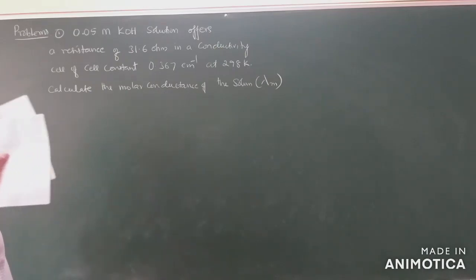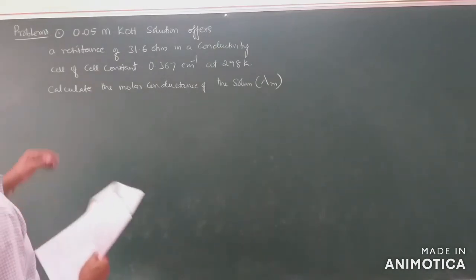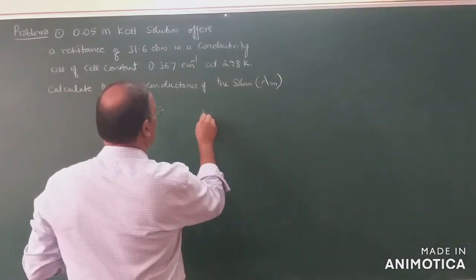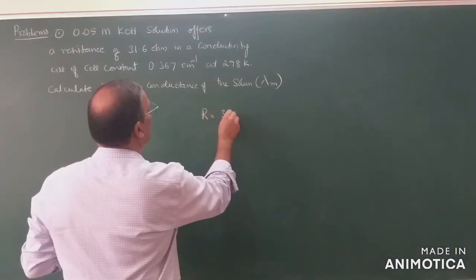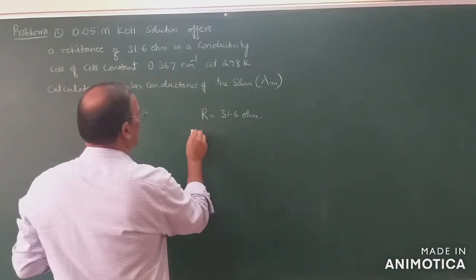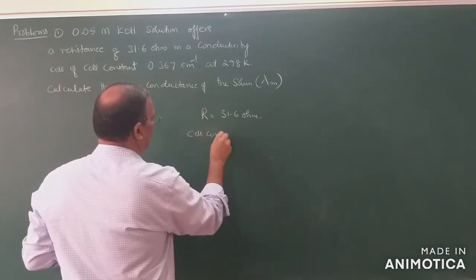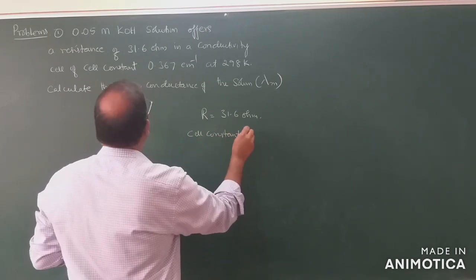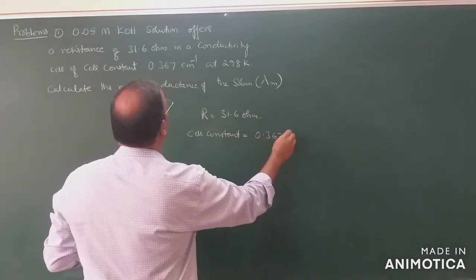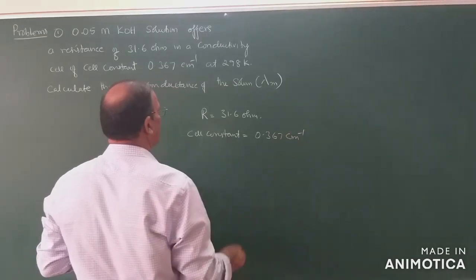So in this problem, concentration of the solution is given, resistance R is given 31.6 ohms, and then cell constant is given. Cell constant equals 0.367 centimeter minus 1.